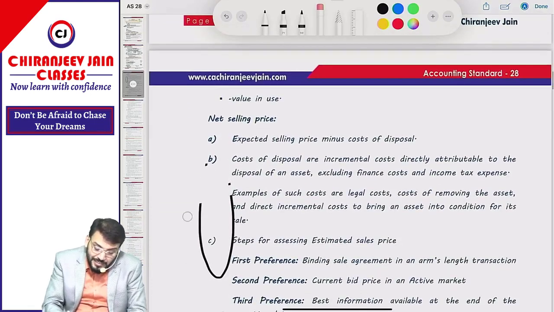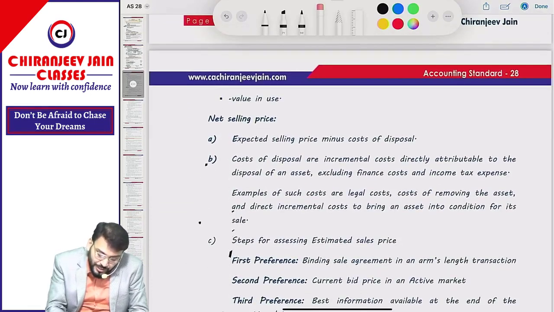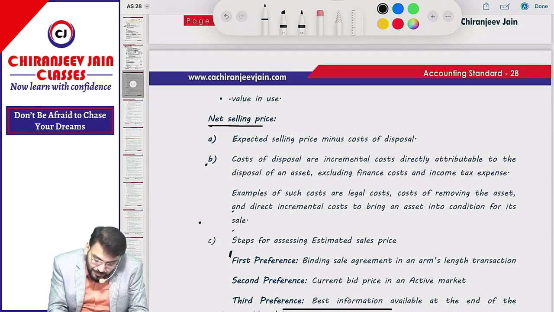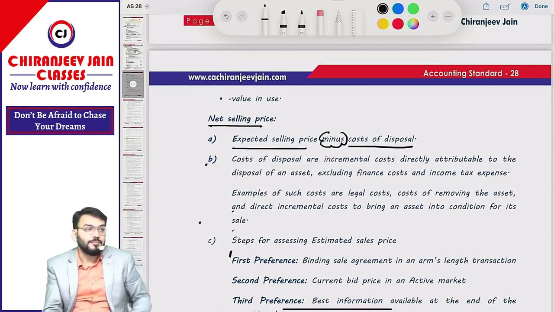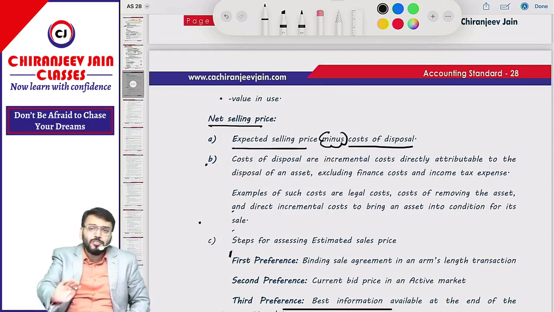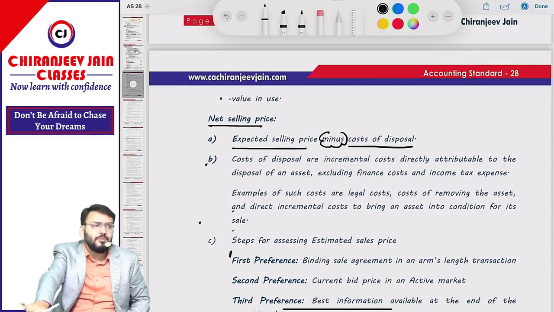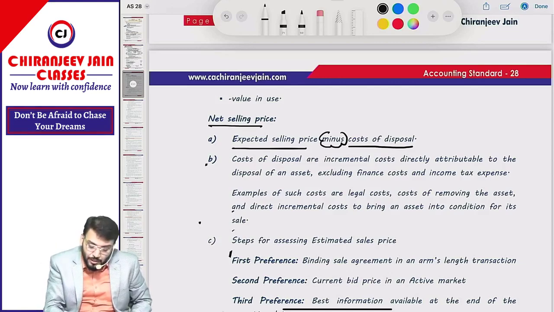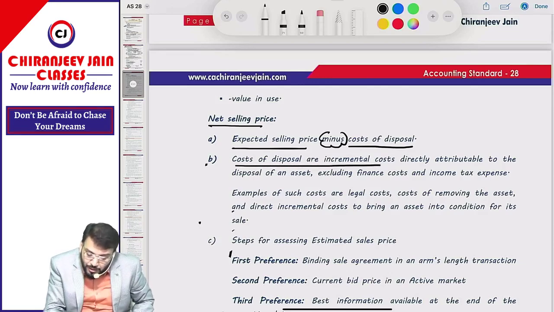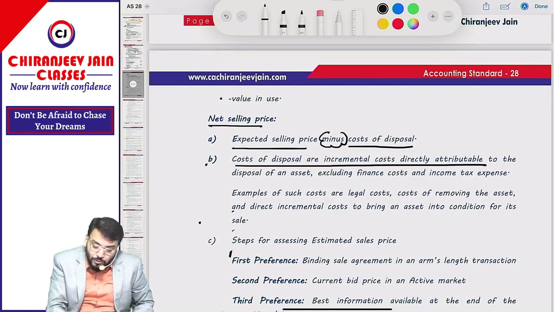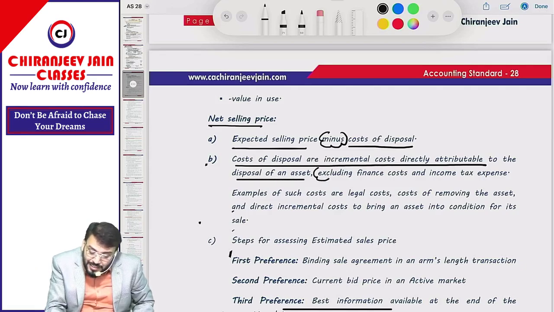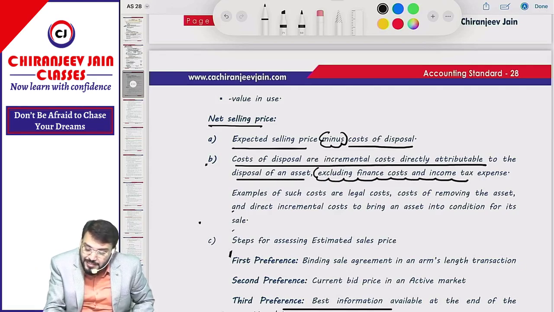Correct. Net selling price means what? Already we discussed. What have we discussed? Expected selling price minus cost of disposal. Now cost of disposal means incremental cost on disposal, for example any brokerage cost, any dismantling cost, etc. So cost of disposal are incremental costs directly attributable to the disposal of an asset, excluding any finance cost or income tax expenses.